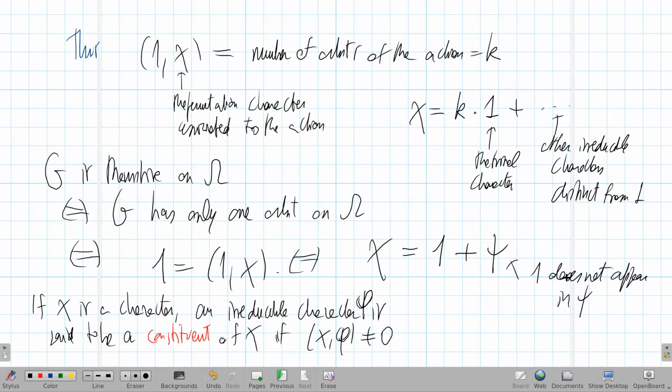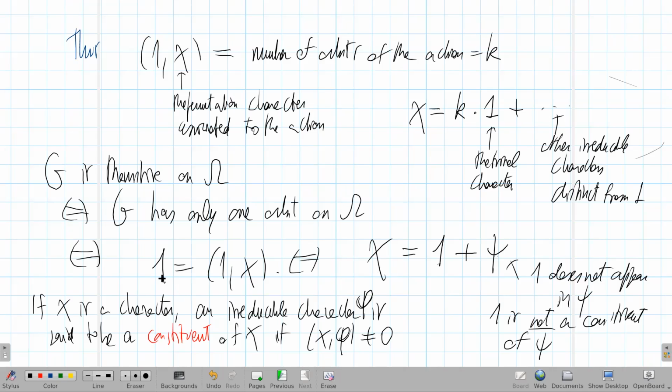So here we have that 1 is not a constituent of psi. So this is important. G is transitive if and only if chi can be written as 1 plus a sum of other irreducible characters, but what's important is that 1 is not a constituent of the sum here.